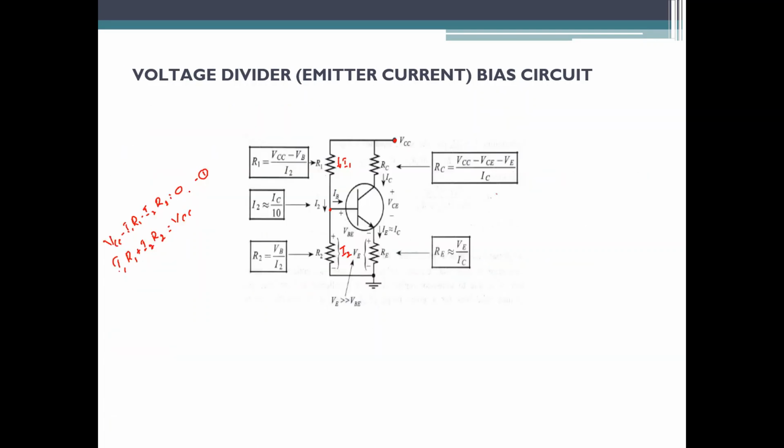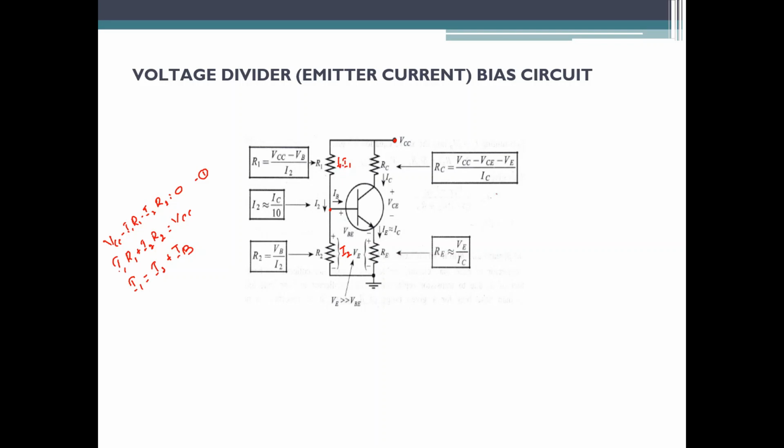They have also written I1 is equal to I2 plus IB. Quite obvious, right? If this is the incoming current, that incoming current is divided into IB and I2. So I1 will be equal to IB plus I2.